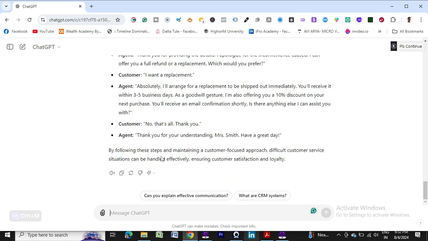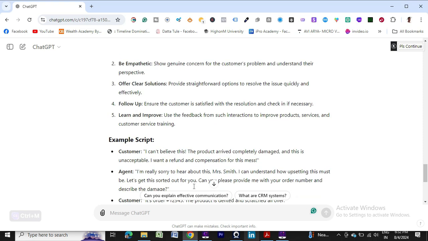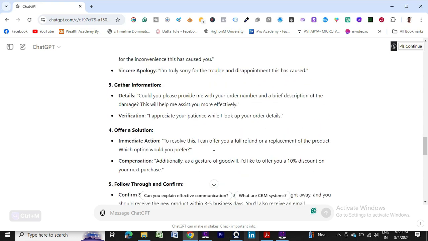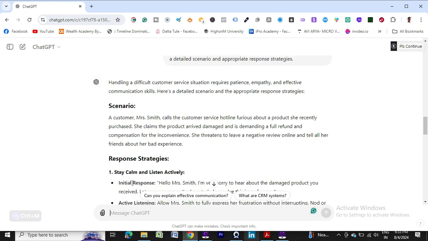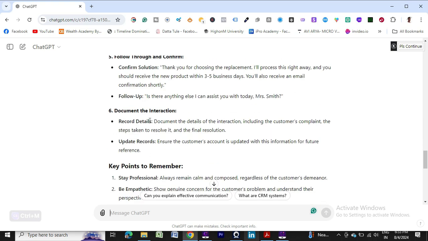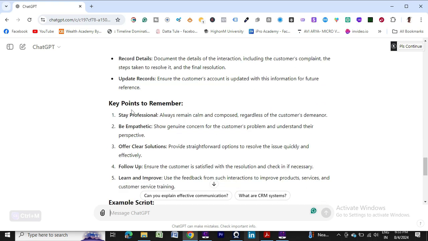By following these steps and maintaining a customer-focused approach, a difficult customer service situation can be handled effectively, ensuring customer satisfaction and loyalty. Based on your prompt, it has created a scenario, then provided how you should respond, and covered the key points you need to remember.